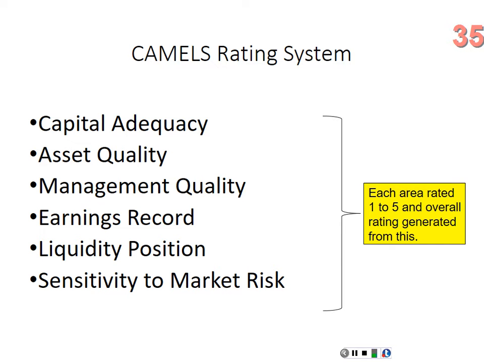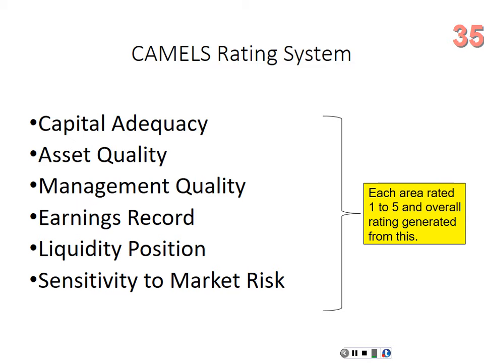For example, asset quality. Asset quality plays a big role in the overall composite rating of the bank. So you might have a 1S, a 1L, a 1M. But if your asset quality is suffering, it's going to hurt your bank, and you're probably not going to get that 1 rating. Okay?